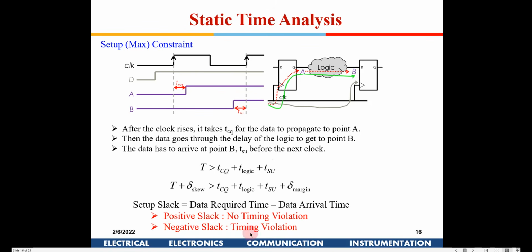If it is negative, then that means there is a timing violation. This circuit will not give the correct output. Basically, the time period has to cater for the jitter, it has to cater for all the delays which come in the path, and also it has to cater for the setup time.